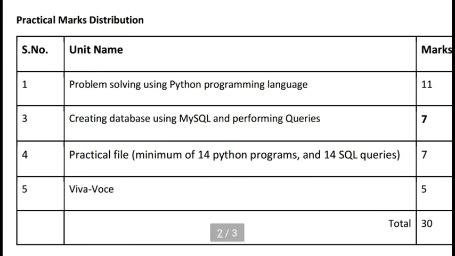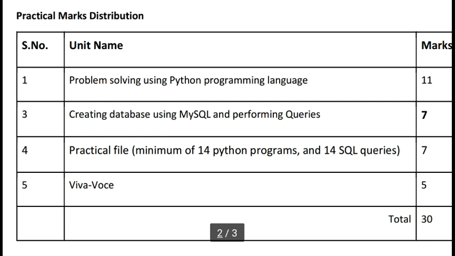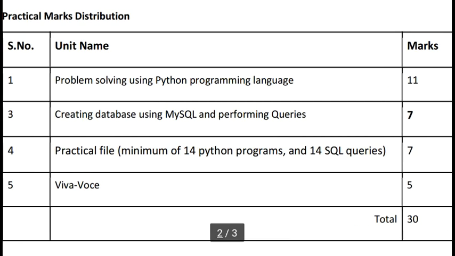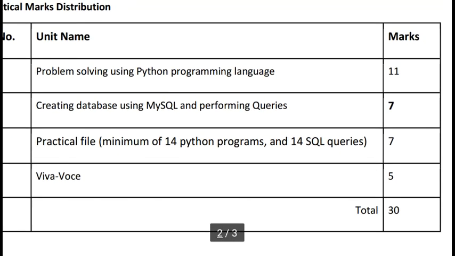Python programs, problem solving using Python programming language, 11 marks. Database, creating database using MySQL and performing queries, 7 marks. Practical file minimum 14 programs, 14 and 14 SQL queries, so the marks is 7, and viva voce 5, so 30 practical marks. Okay, so completely 100 marks paper.